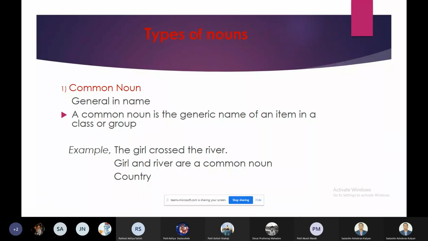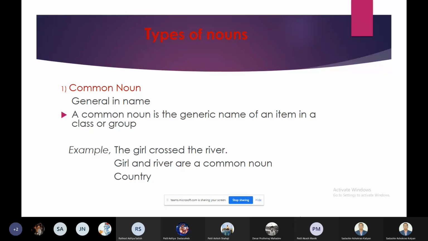Whatever general name we give is considered a common noun in short. That is a generic name. It can be the name of anyone of the class, or anyone of the group. So that is called the common noun.